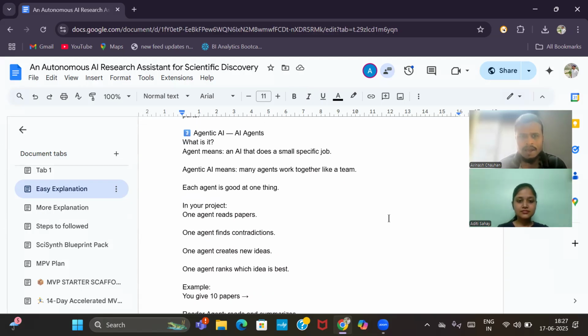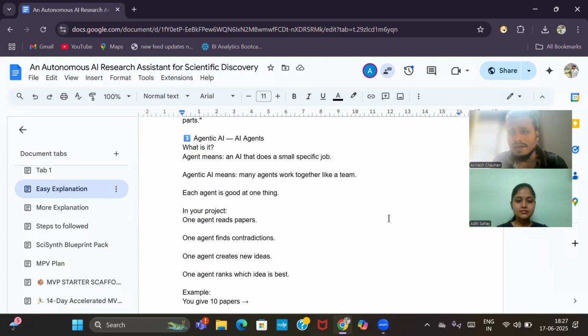Okay. And what do you mean by agentic AI? Basically, agentic AI means certain things are divided. For example, if you are working in a corporate or attending a college, there are specific persons for ringing the bell, opening the gate, teaching a specific class or a specific domain, right?